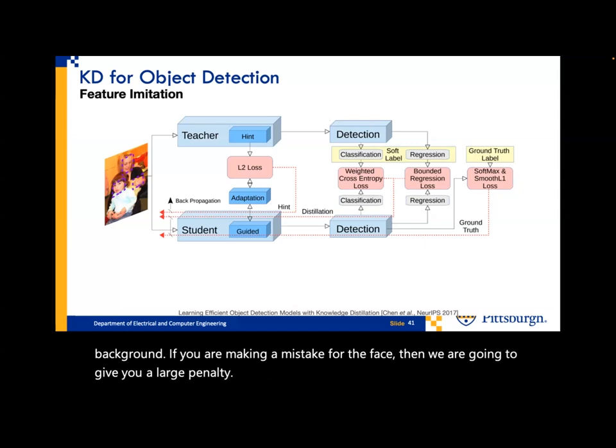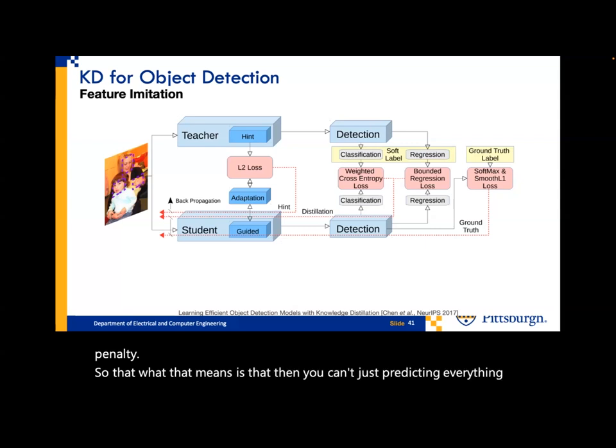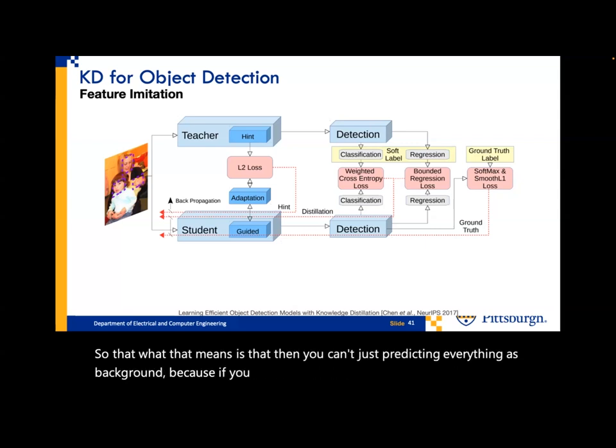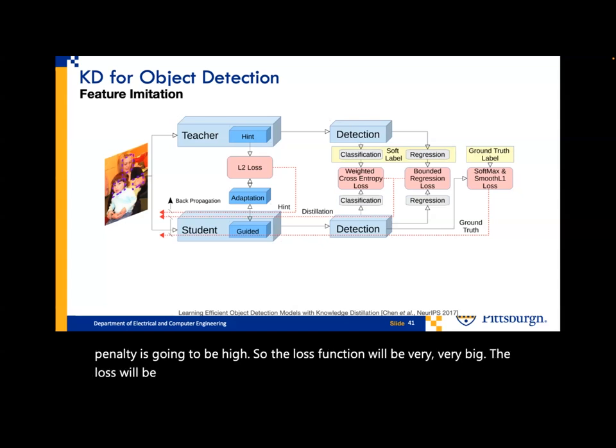If you are making a mistake for the background, we'll give you a small penalty. So you can't just predict everything as background, because if you're predicting all these faces wrong, then your penalty is going to be high, so the loss function will be very, very big. Does that make sense? This is called a weighted cross entropy loss.